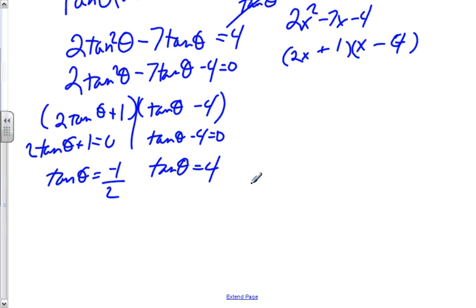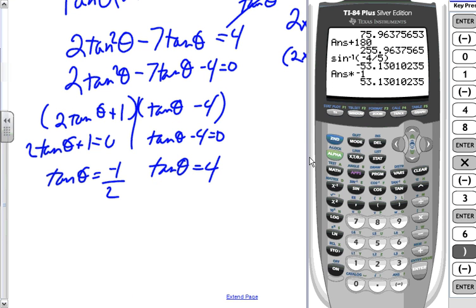Well, I don't really know when tangent equals a negative a half, okay? And I don't know when tangent equals 4. Sorry, because I don't know them, okay? We're going to have to use our calculator. Again, make sure we're in the right mode. So, arctangent of negative 1/2 gives us an angle of negative 26.56.